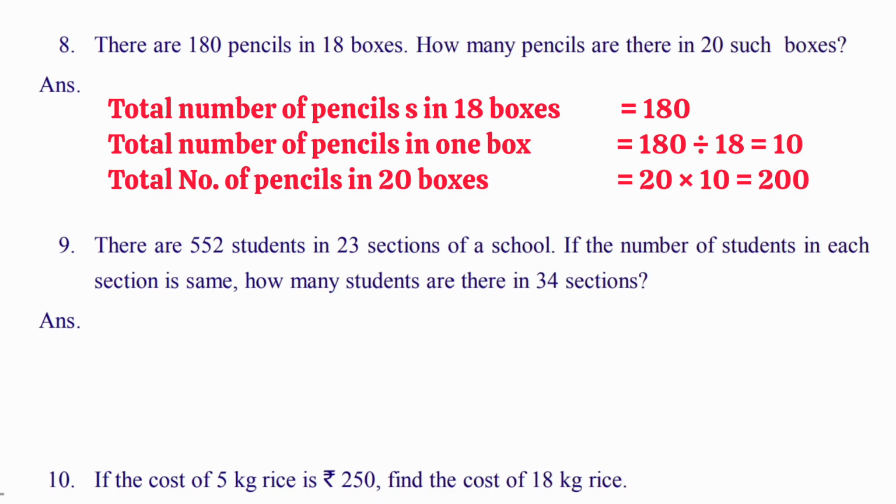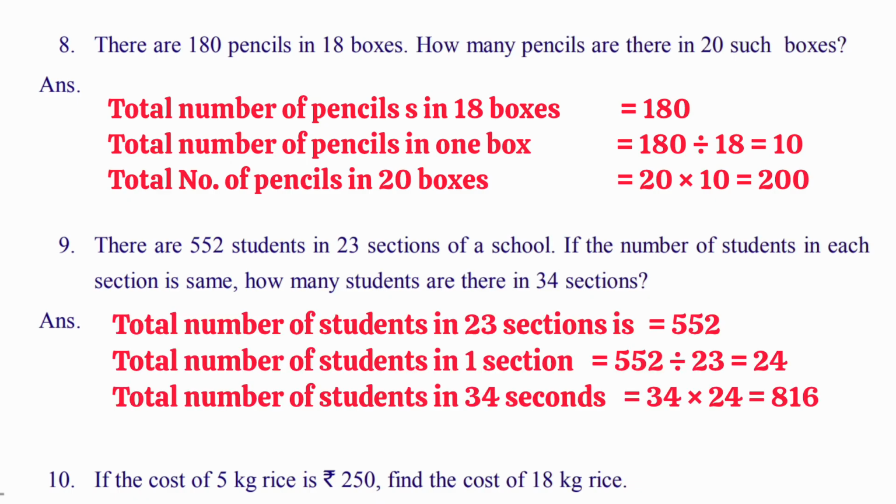Let's move on to the next question, which is question number 9. There are 552 students in 23 sections of a school. If the number of students in each section is same, how many students are there in 34 sections? Okay, let's see the solution. Total number of students in 23 sections is 552.